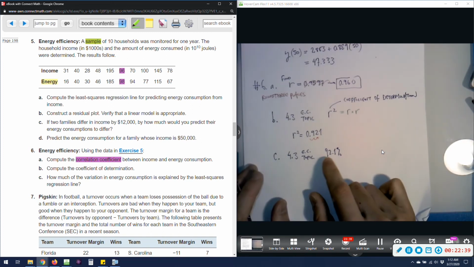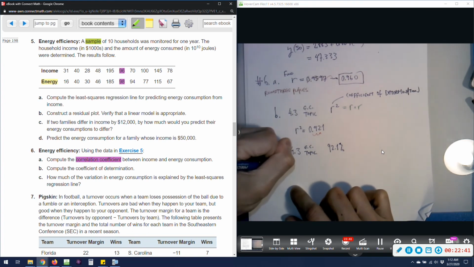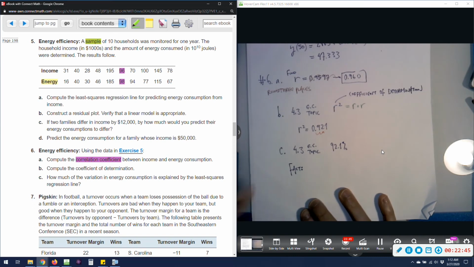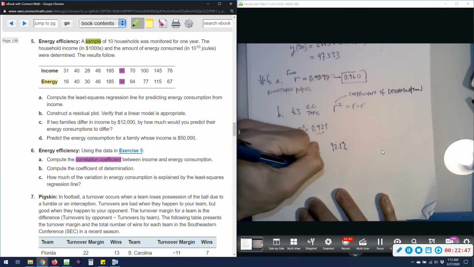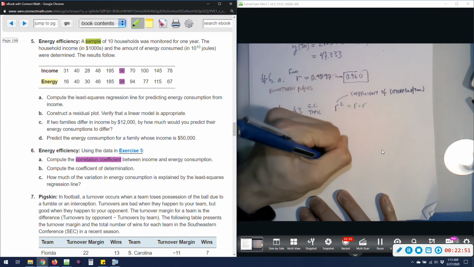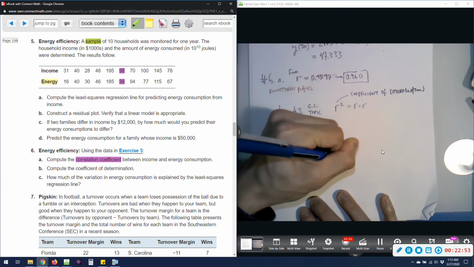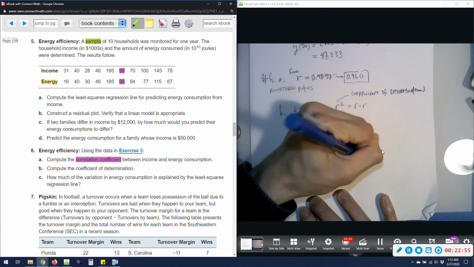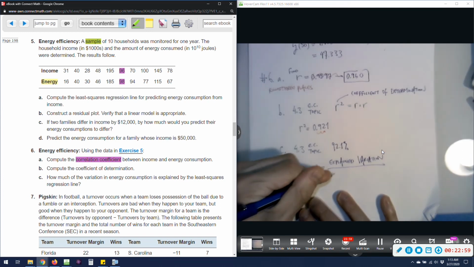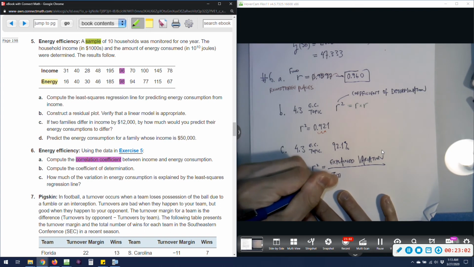And it's a fact, and maybe I will say a few words about it in another video, that r squared equals the explained variation divided by the total variation.